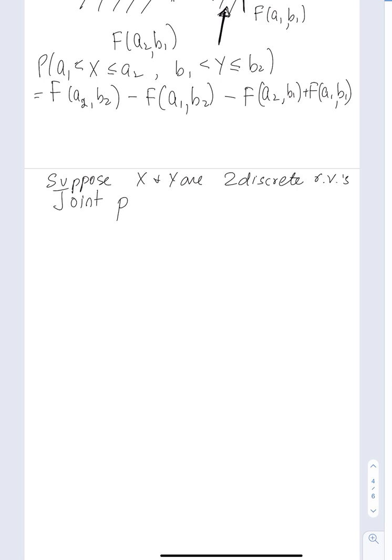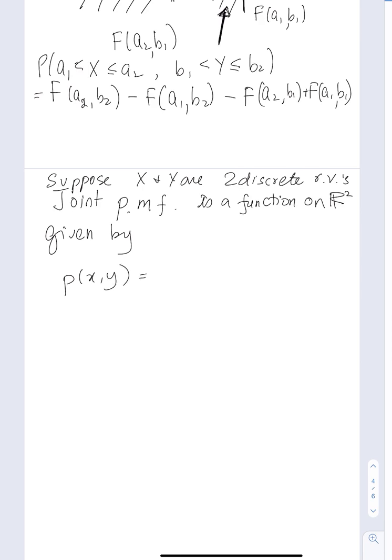The joint probability mass function, I'm just going to shorthand and write joint PMF, is a function on R2 given by little p of x comma y. What do you think that is? In the single variable case, what was it?